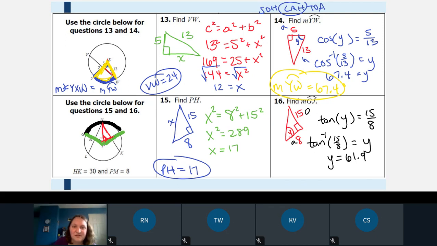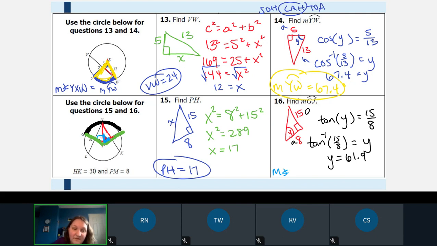About this light blue. So that 61.9 is representing this angle right here. I want that whole green angle. So I'm going to say 61.9 times 2, and that will tell me the green angle.